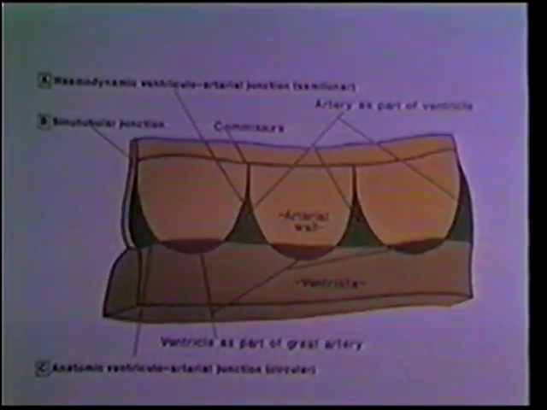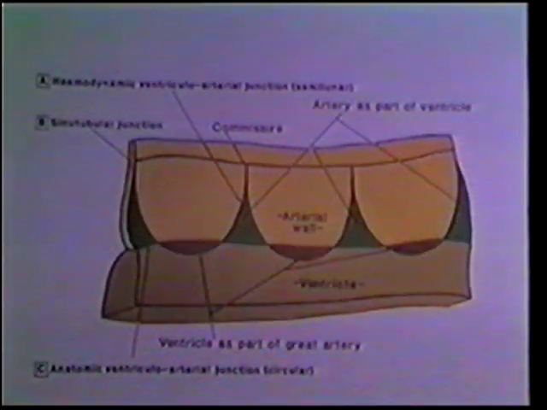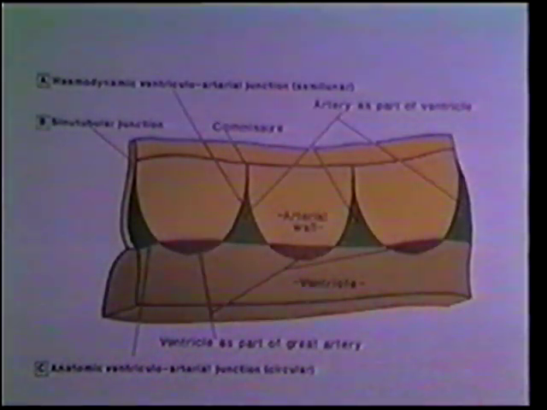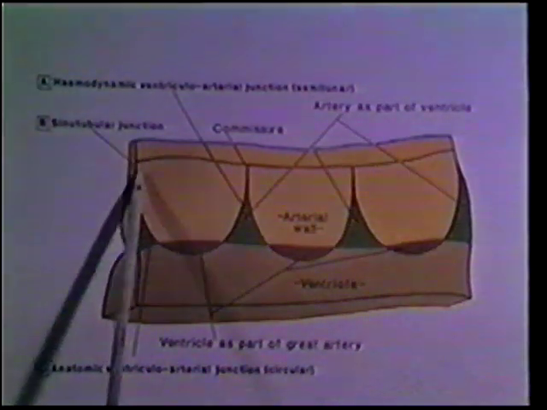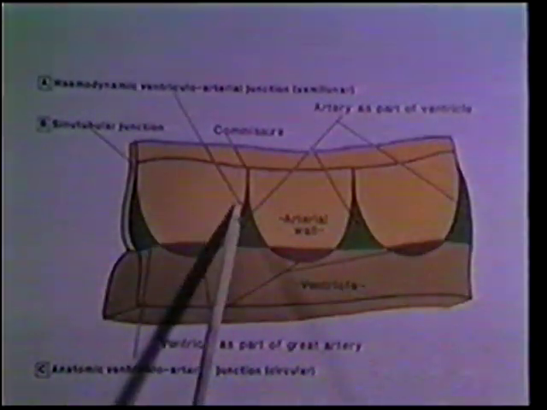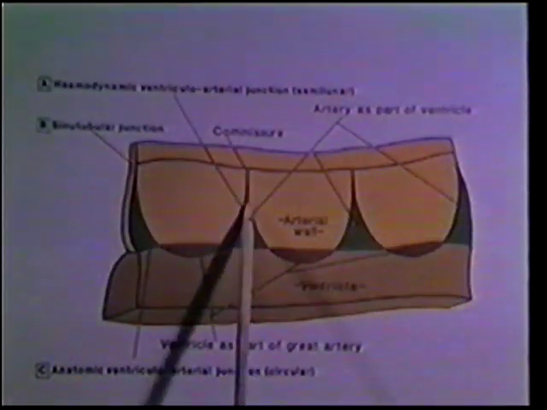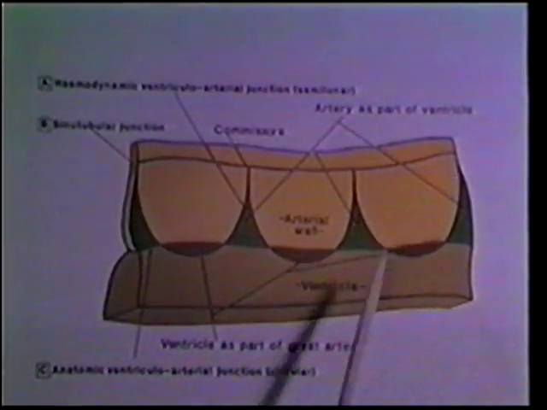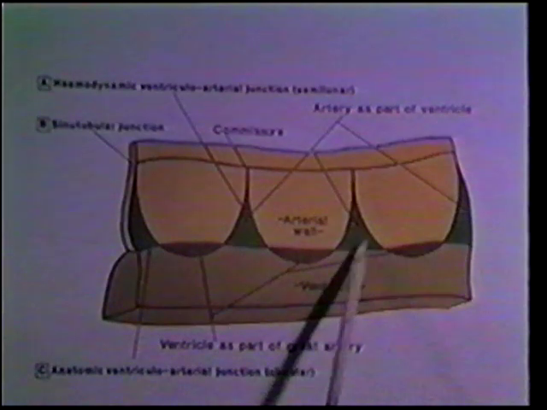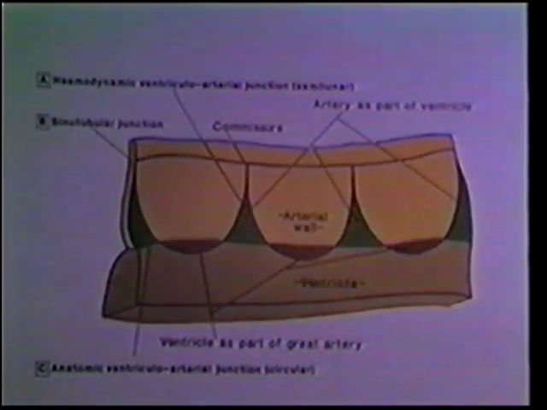And if I just show a chart at this point, here we show the ventriculo-arterial junction laid out with the semilunar attachments of the arterial valve shown here, and the interleaflet triangles in green.